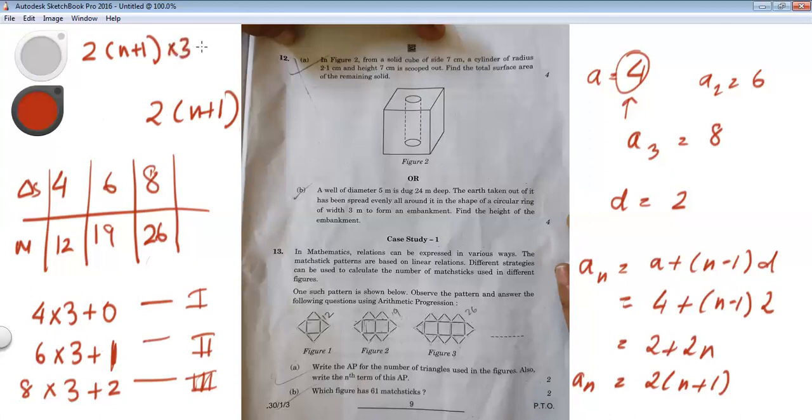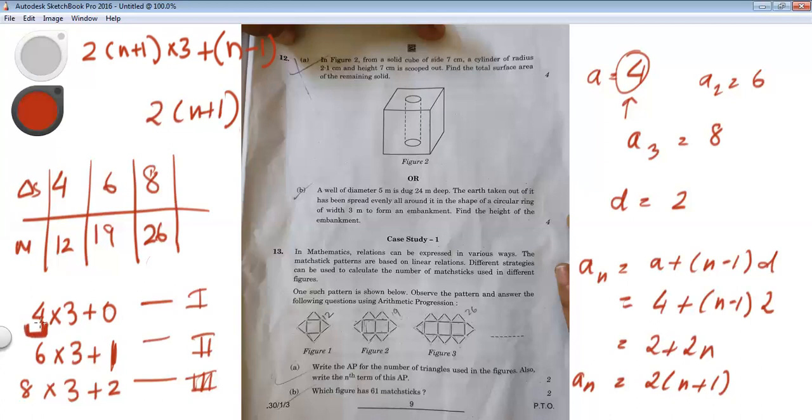into 3 plus n minus 1. You have to add n minus 1 to it, since it is the nth term. Are you understanding why I added n minus 1 to it? Because 4 is the first term of the AP.